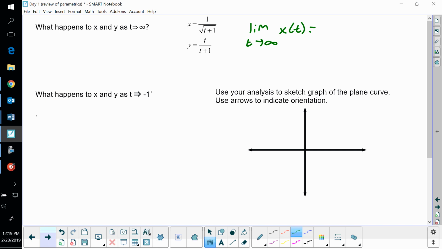So in that radical, the t's become huge, plus 1, you'll take the square root, so we're going to have 1 over huge numbers, so that will head to 0. We can do the same thing for y of t. Well, we have the same degree, so we can do the ratio of the leading coefficients, which is just 1. So oops, I forgot my infinity there. So as t goes to infinity, we should be getting closer and closer to the rectangular point 0, 1.